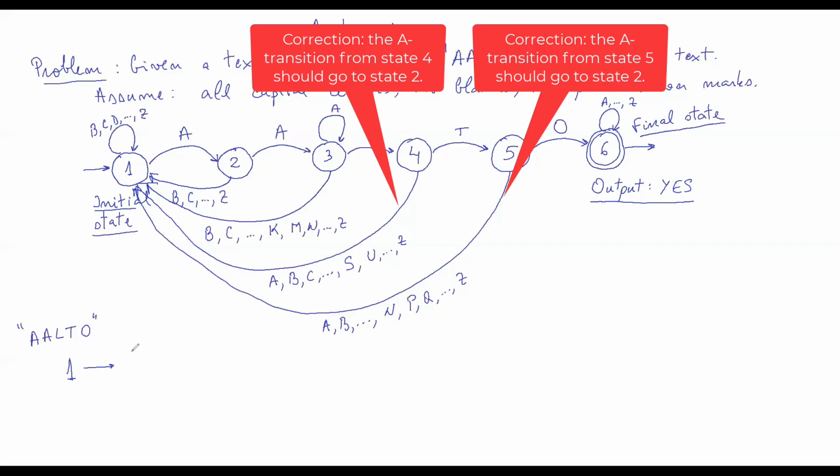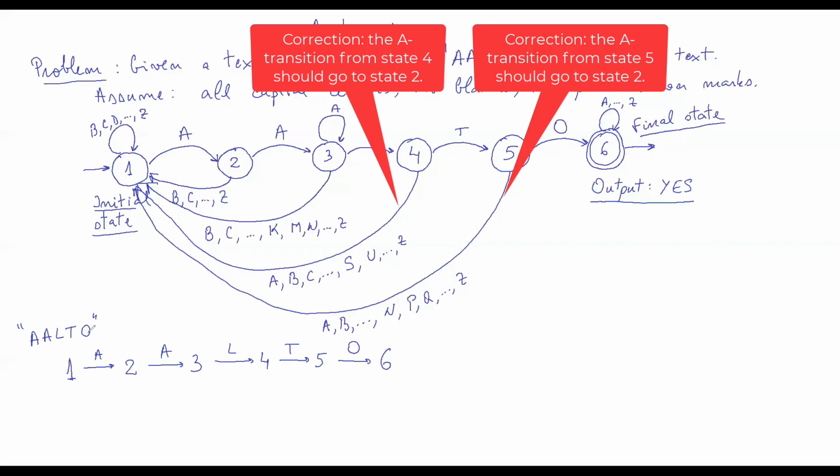And so with letter A, from state 1 I go to state 2, and then once I'm in state 2 with letter A, I go to state 3. In state 3 with letter L, I go to state 4, and then I go to state 5, and then state 6, and that's the end.